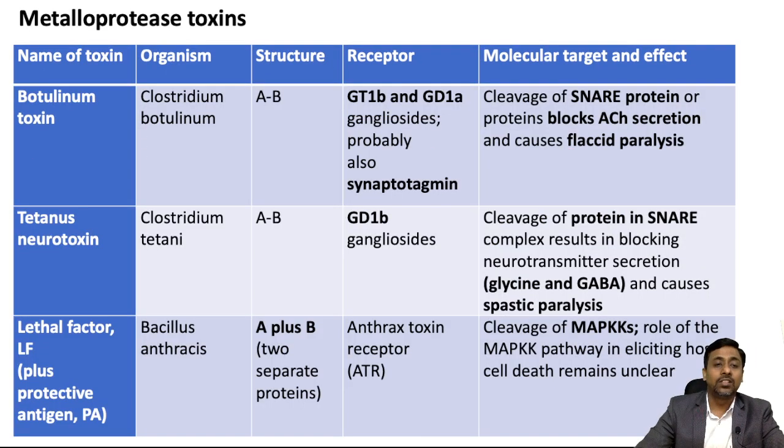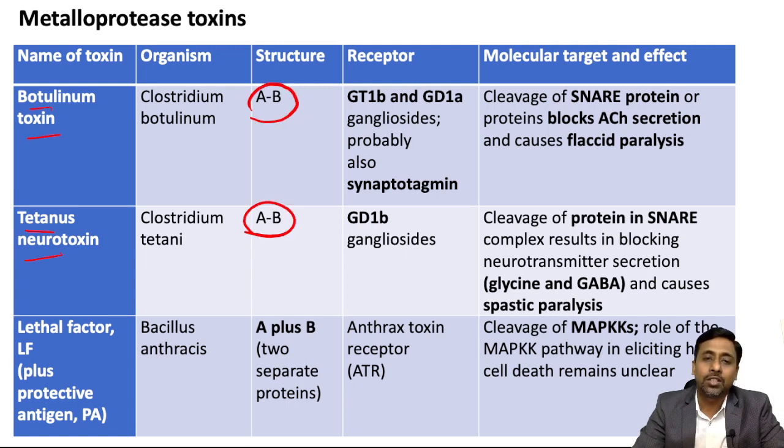Okay. Now there are certain metalloprotease toxins, and the two metalloprotease toxins are basically neurotoxins which act on the neurons, and these are botulinum toxin and tetanus neurotoxin. For botulinum toxin and tetanus neurotoxin, the structure is the same, that is 1A and 1B. So you can see that most of the toxins have one A and one B subunit.